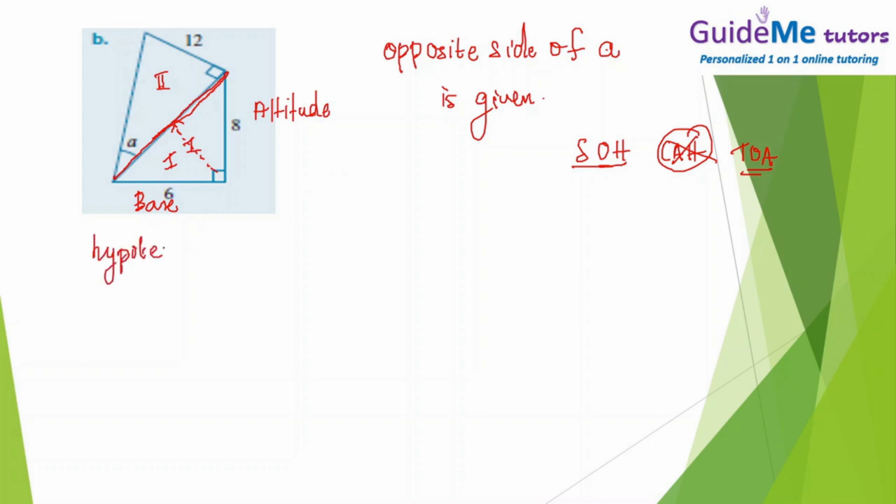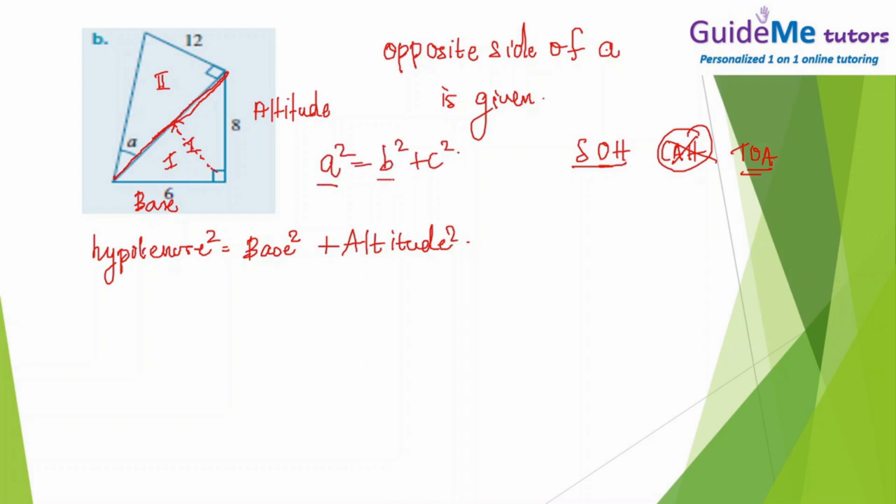Hypotenuse square is equal to base square plus altitude square, or we can say a square is equal to b square plus c square. Both are the same.